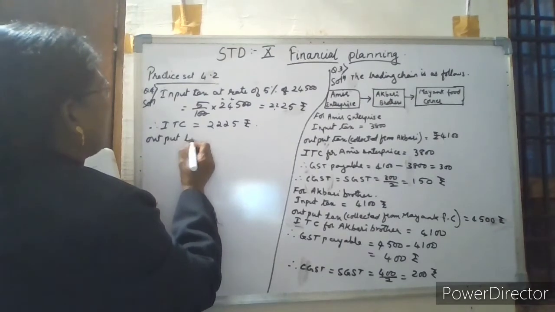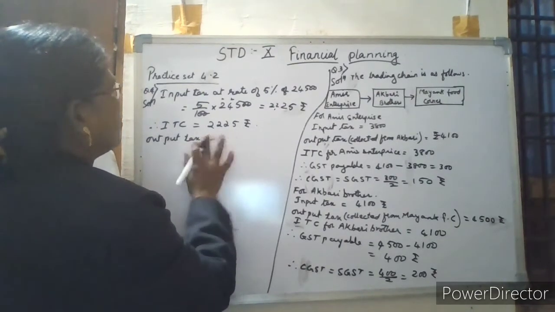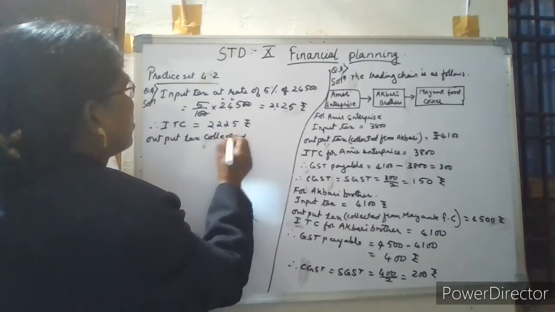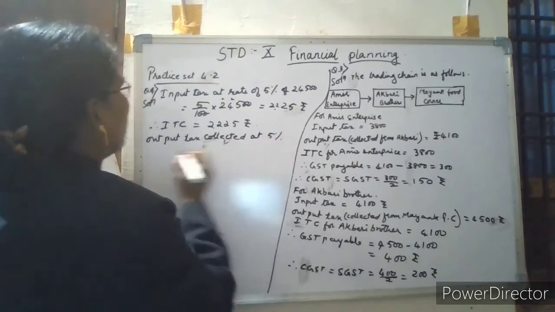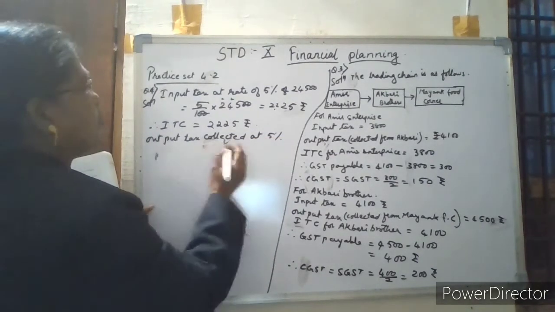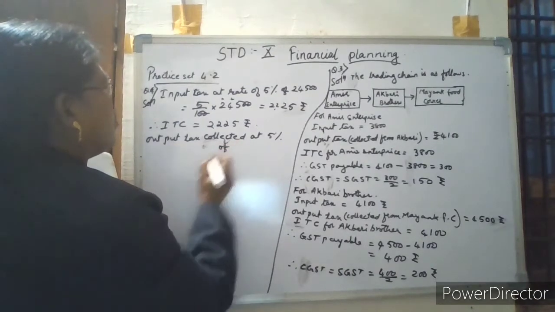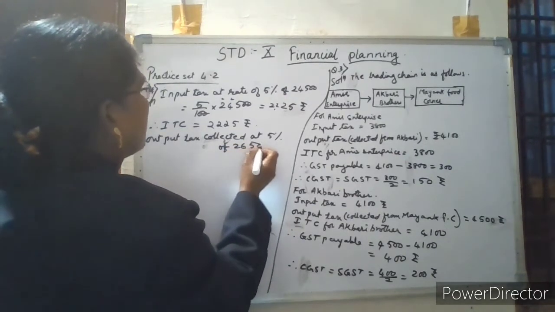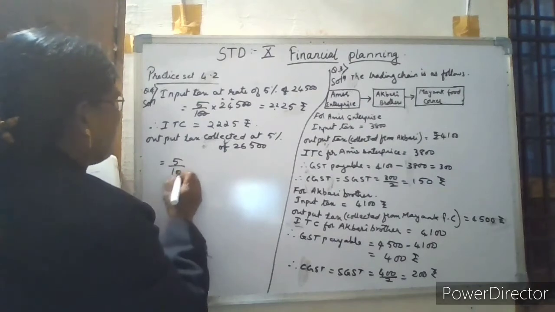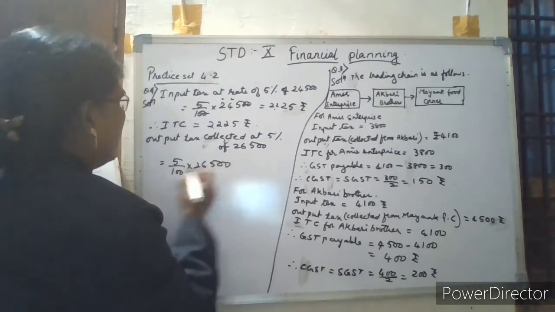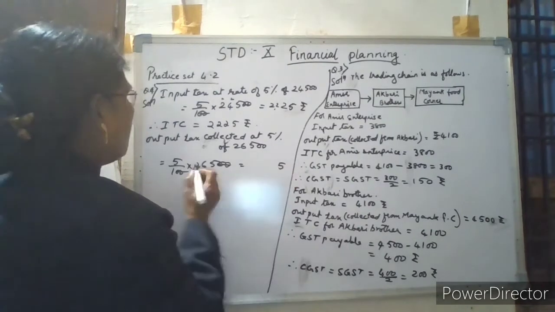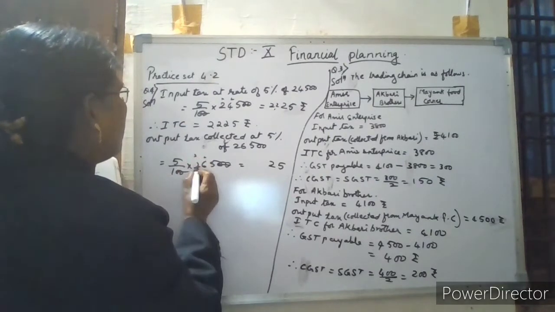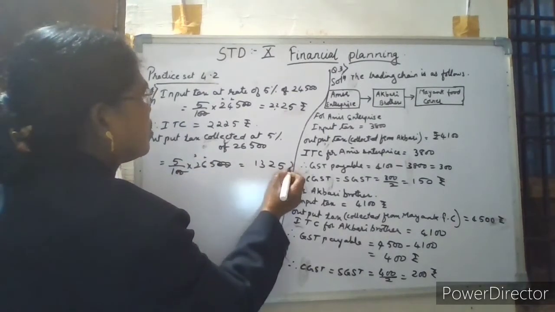Then output tax collected at 5% again, 5% of 26,500. Zeros cancel. 5 fives are 25, carry 2, 5 sixes are 30, 32, carry 3, 5 twos are 10 and 13. That is 1,325.